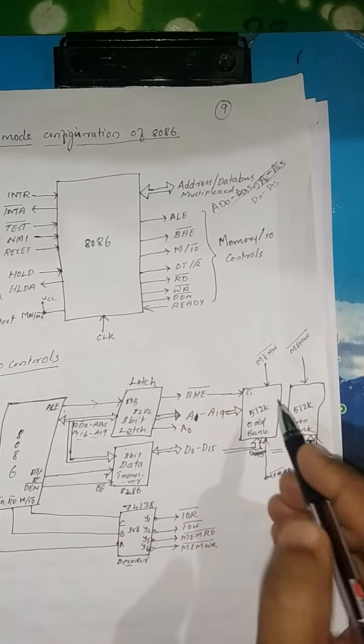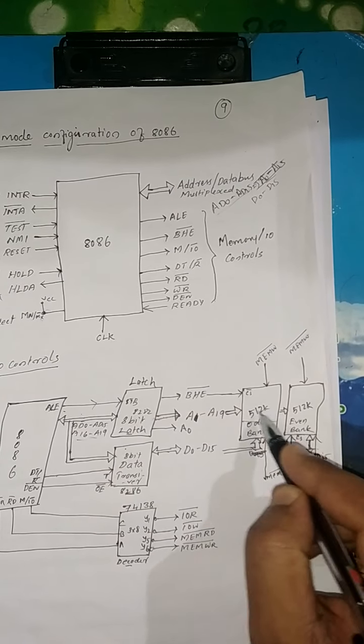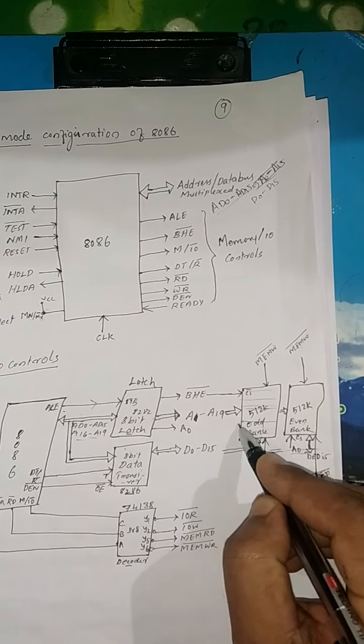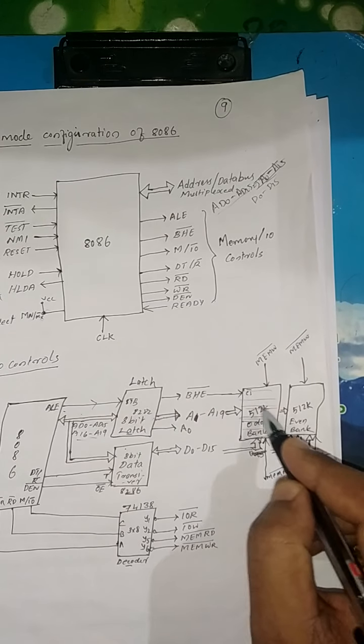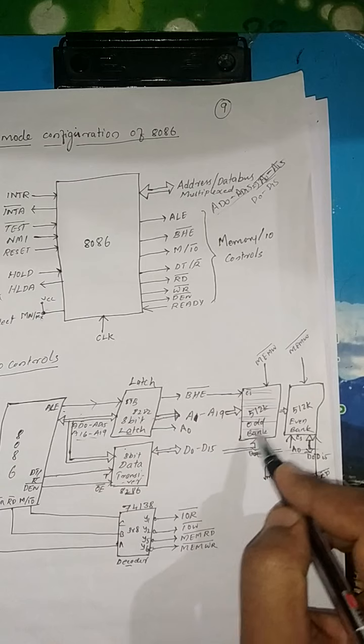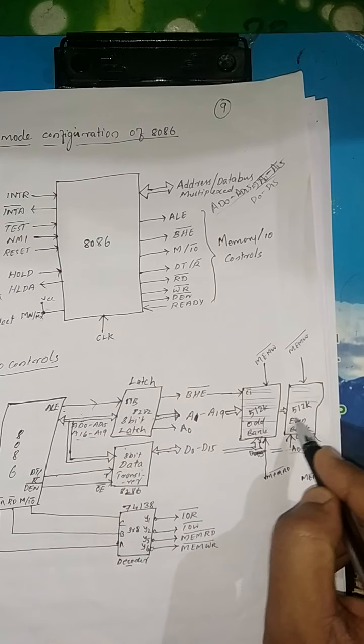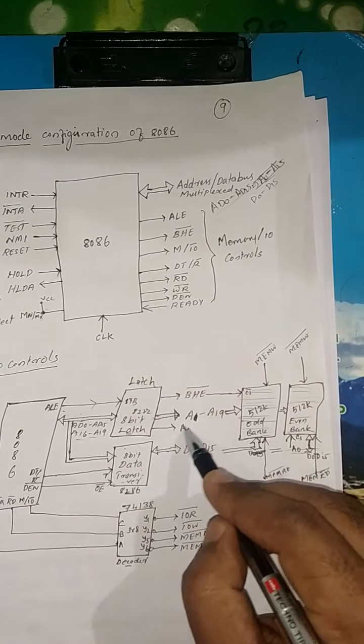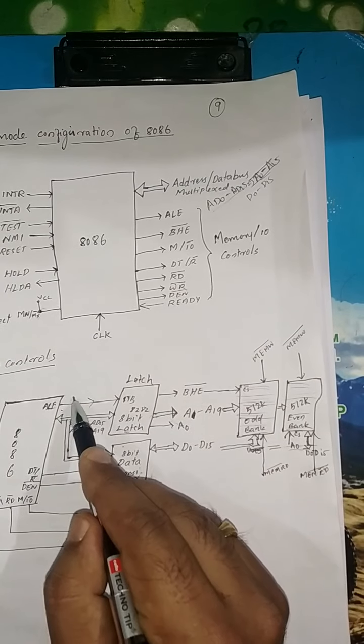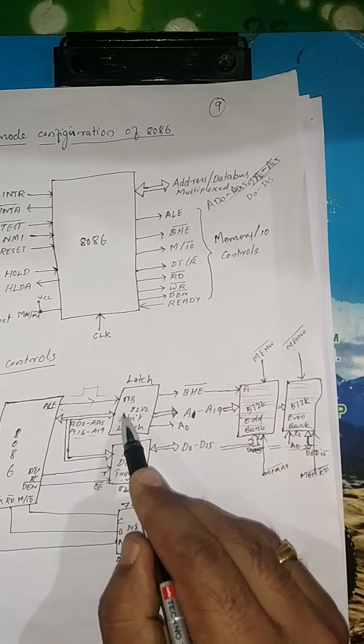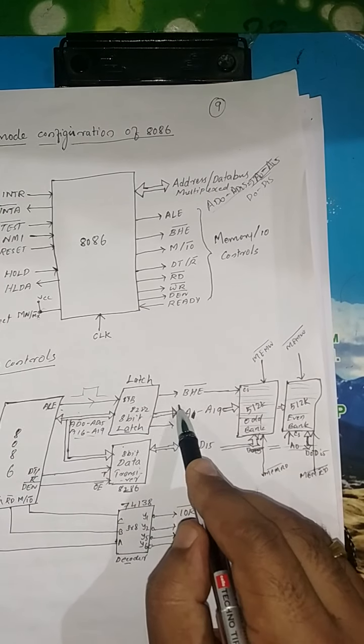In order to point to a location in the memory, because for memory read and memory write you need to point to one memory location, that address should be latched here. So address latch enable will send a signal and that will latch this address here.